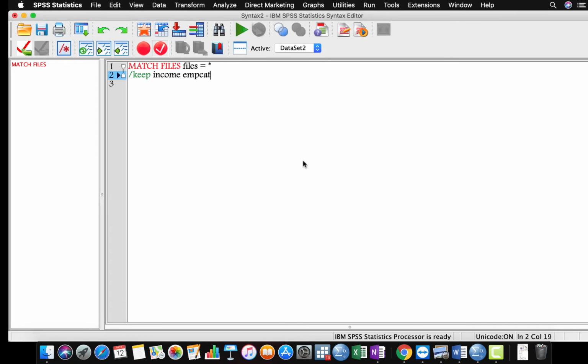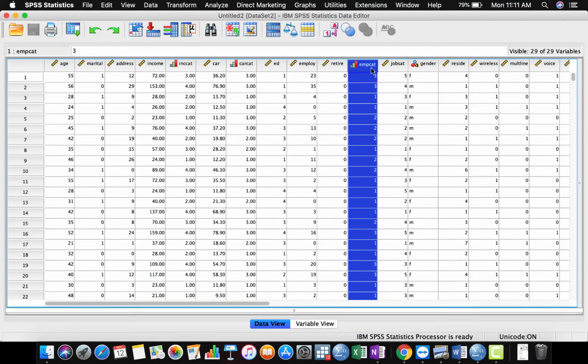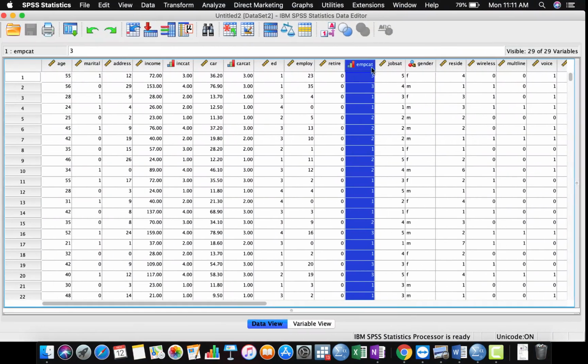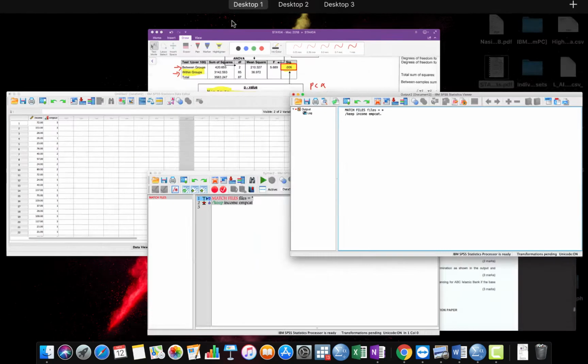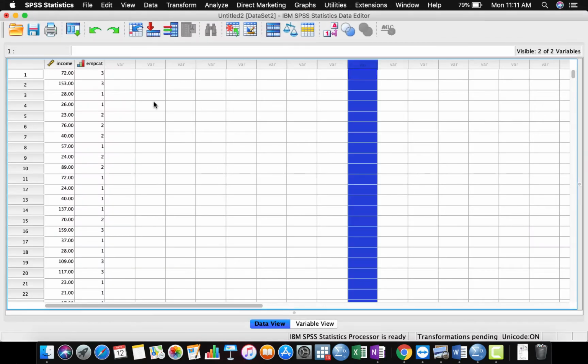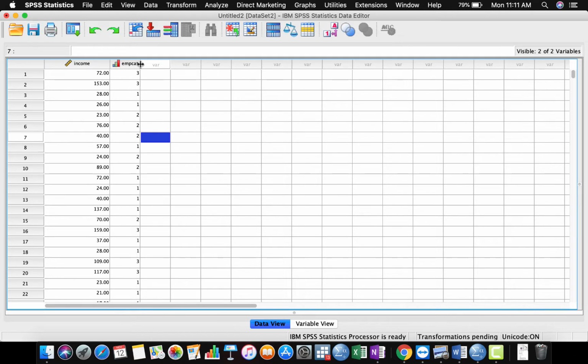Let's confirm it: income and employment category. I'm going to highlight all this and click run selection. Now I have removed the other variables and kept the income variable and employment category.